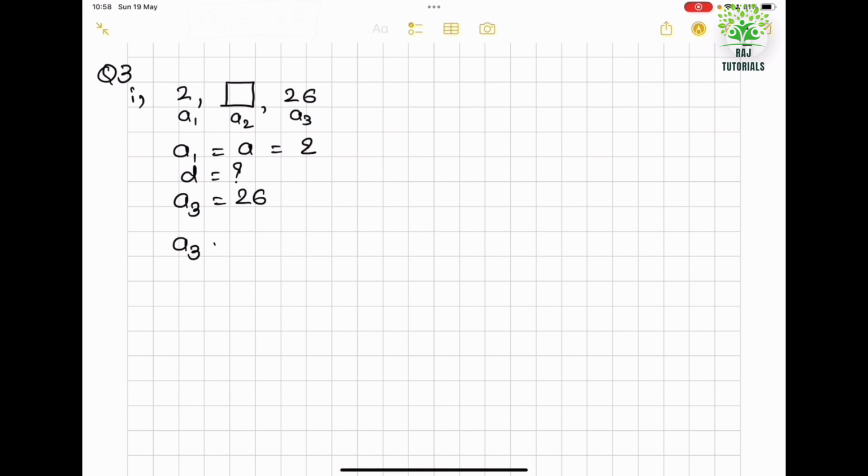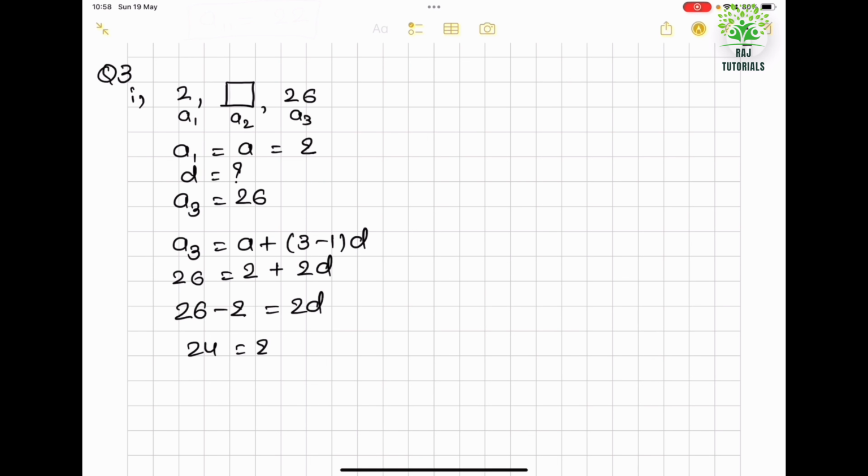So can I say a_3 equals a plus (3 minus 1)d? So 26 equals 2 plus 2d. 26 minus 2 will be 2d. 24 equals 2d. So d will be 24 by 2, so d equals 12.